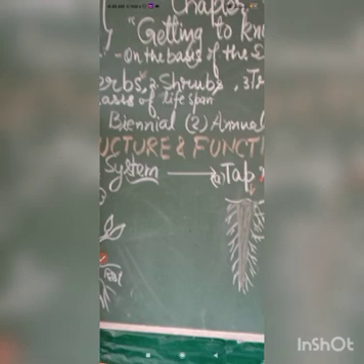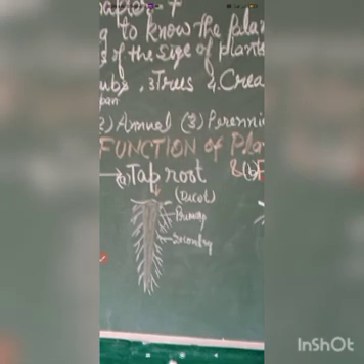The annual plants are like mustard, wheat. These are the annual plants. They may take almost half of the year for their production.